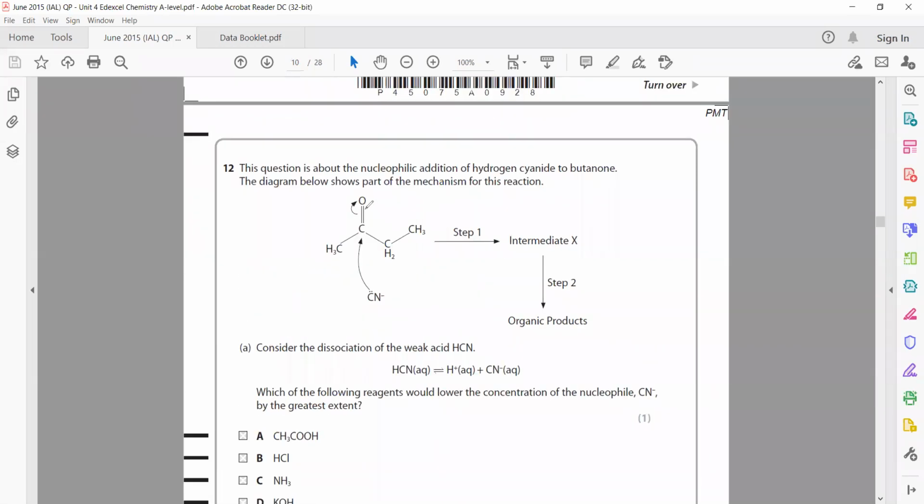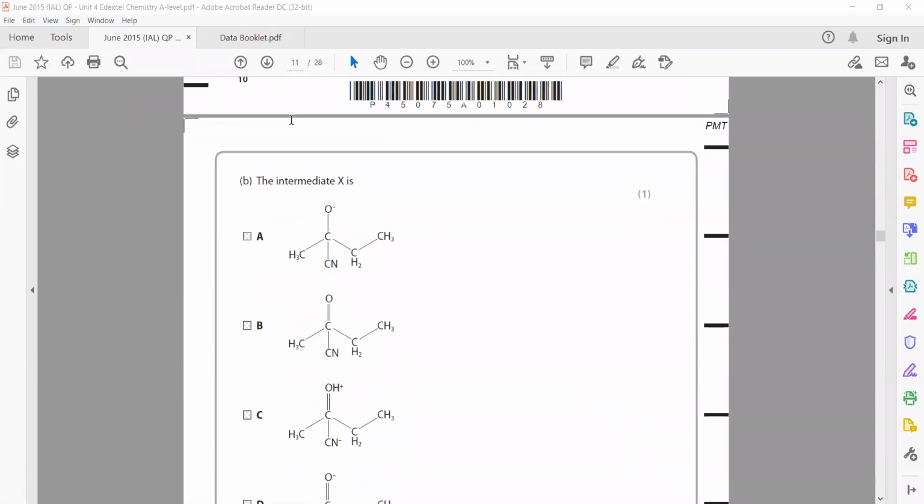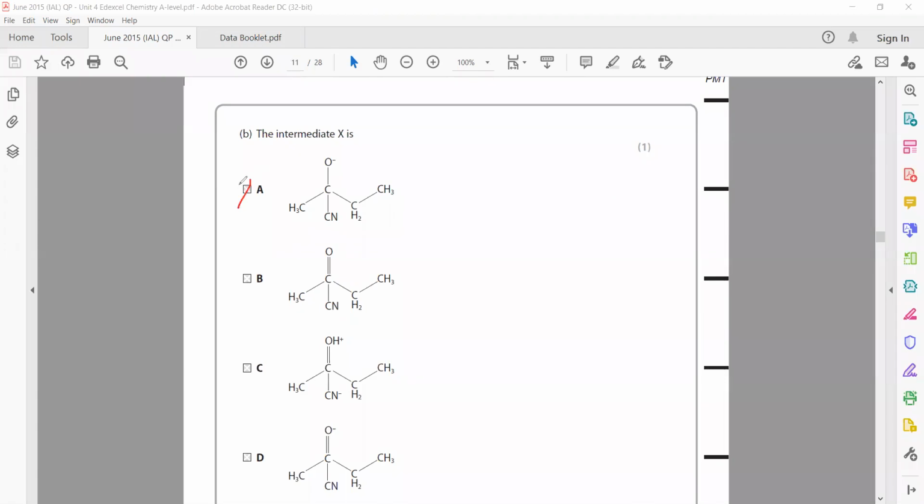So when oxygen takes them, this will turn into a single bond, and carbon and CN will have a bond with each other. So which one does it match with? It matches with option A. So A is the right answer.